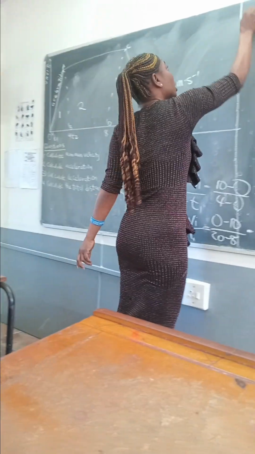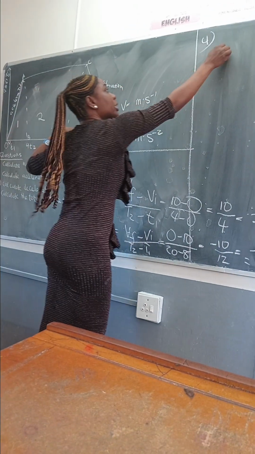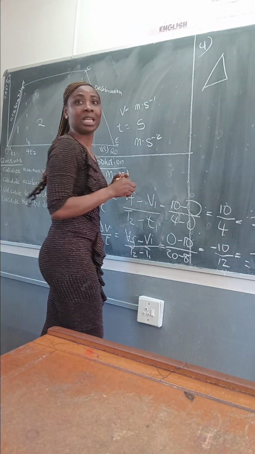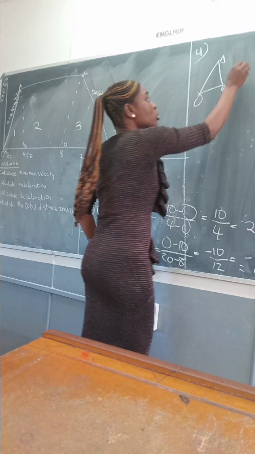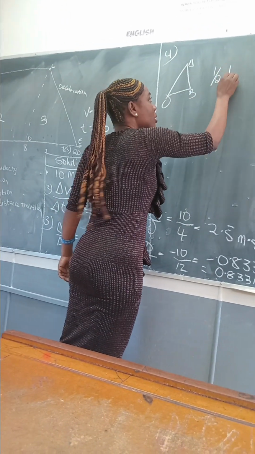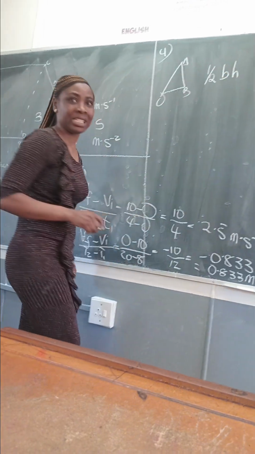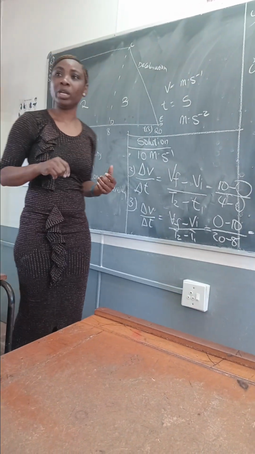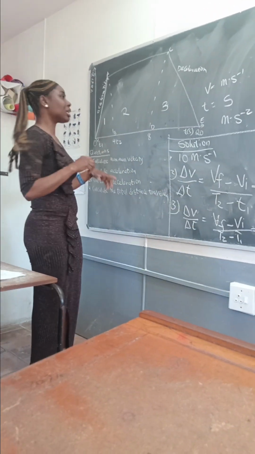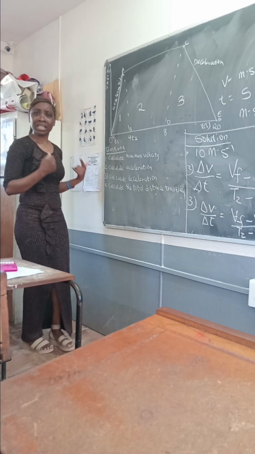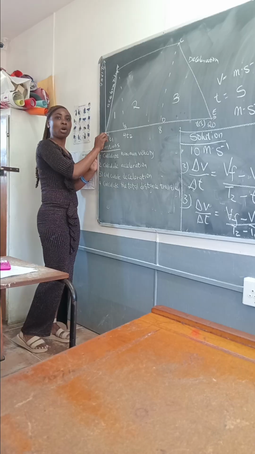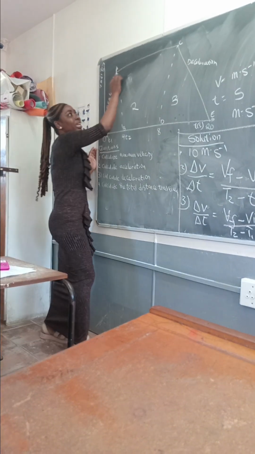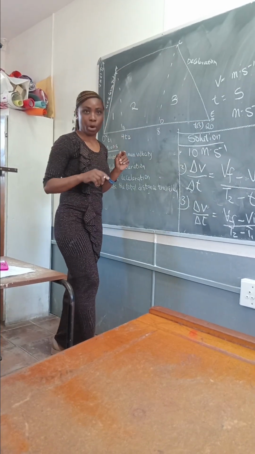So in this question number 4, this AOB has the shape of a triangle. So in other words, we're going to use half times base times height. This is the formula for calculating the area of a triangle. In this total distance traveled, they are asking how far this object traveled from here until it gets to this point.